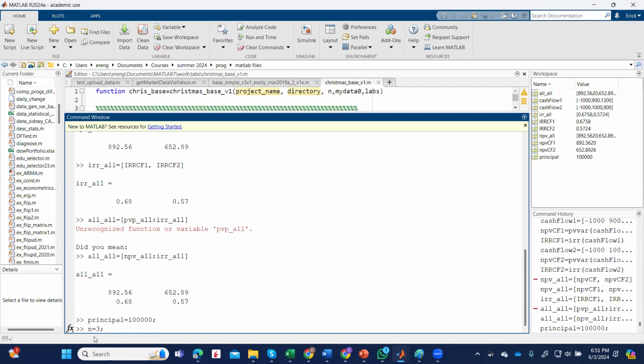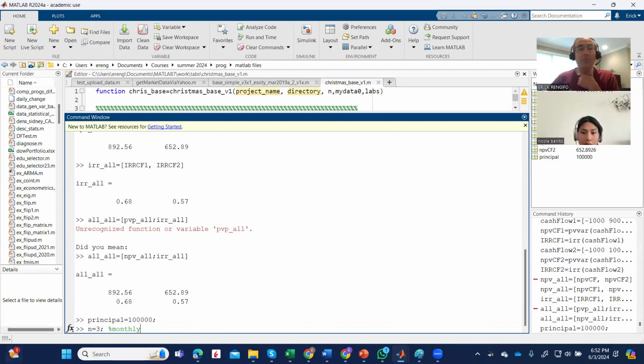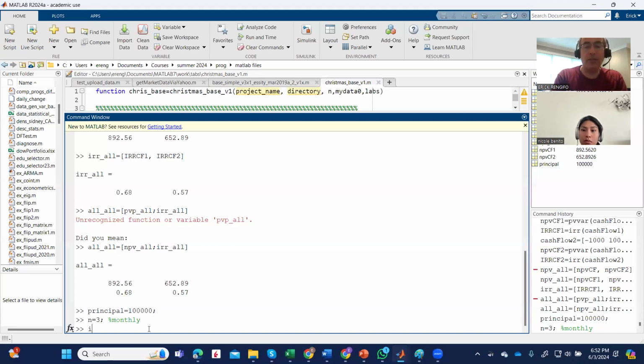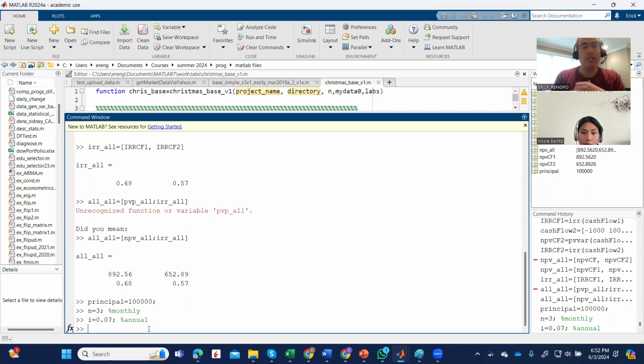Anything that you want to write in MATLAB not to be computed, guys, you can write with the percentage symbol. The percentage symbol tells MATLAB not to compute this; it's just a note for me. And then we have an interest rate of 7%. So I can write a note here, I say annual. Can you write, guys, the monthly interest? What is my interest per month? You need to do the formulas here.